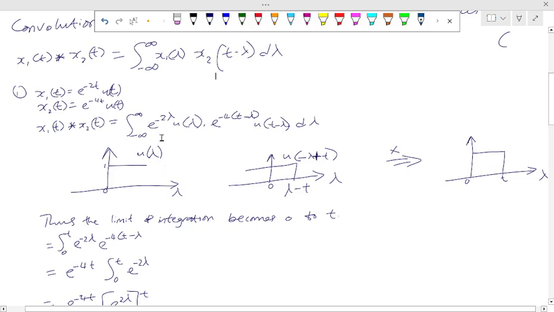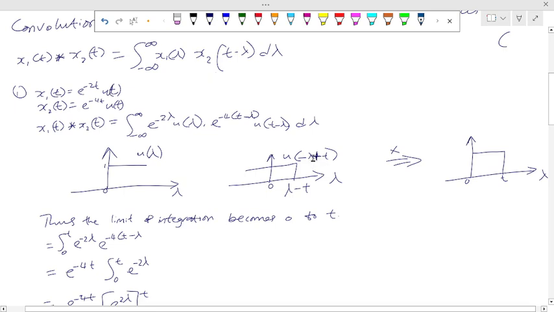Now this is u of lambda. The unit step is 0 here. What about this? This is u of minus lambda plus t. Minus lambda means the opposite of lambda, and plus t will now shift the signal.